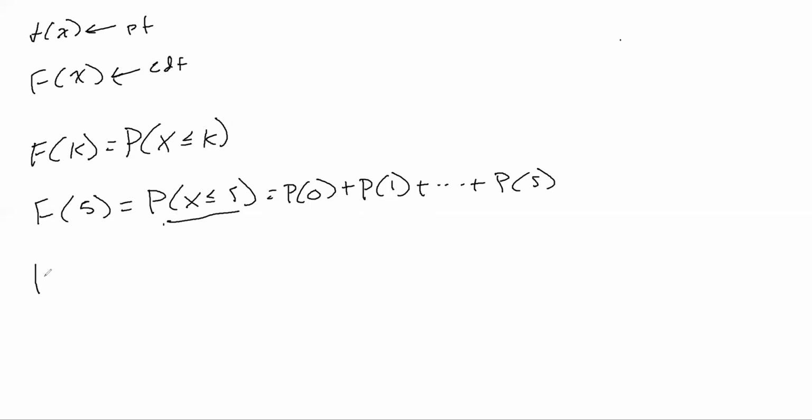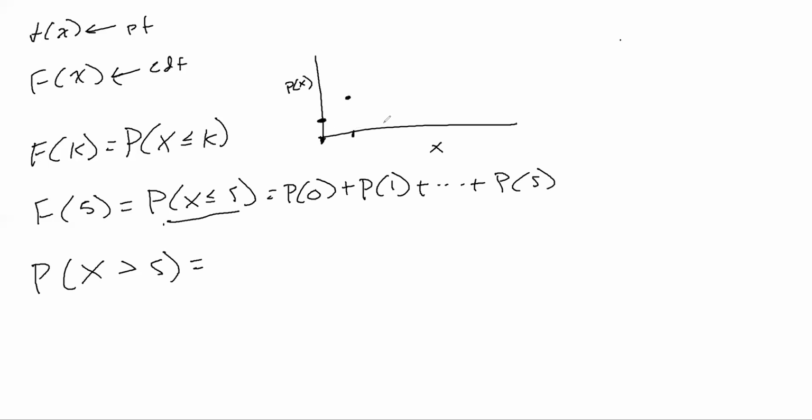If I wanted to know the probability of X being, let's say, greater than 5, what would that be? That would be the probability of X being greater than 5. I can't do a CDF directly. So for the CDF, these are probabilities, and these are my X's. Say this is 0, the probability of X being 0.